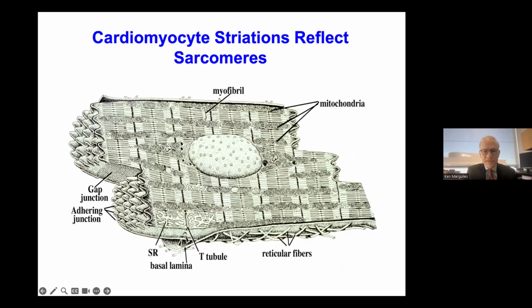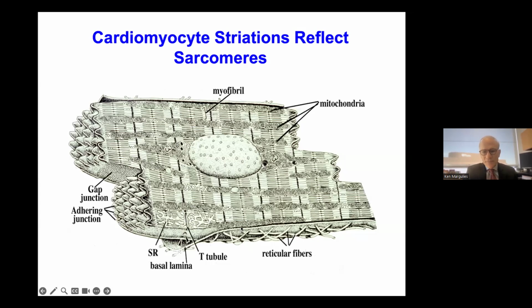That won't be our focus here, but it's worth recognizing that the contractility work is very closely linked to the energetics needs. One thing mentioned in this picture is a T-tubule. This is an invagination of the plasma membrane, the surface membrane, and it goes deeper into the cell, even deeper than shown here. We'll get back to that in a moment.